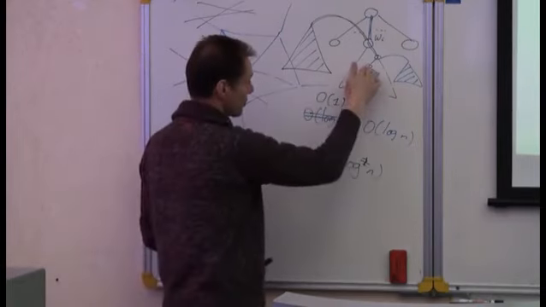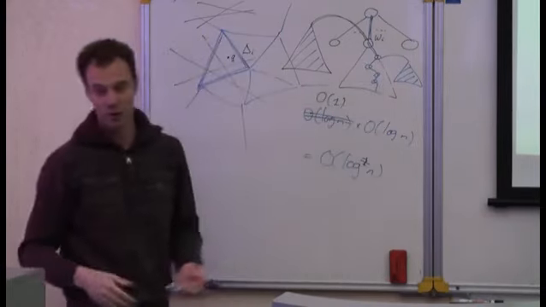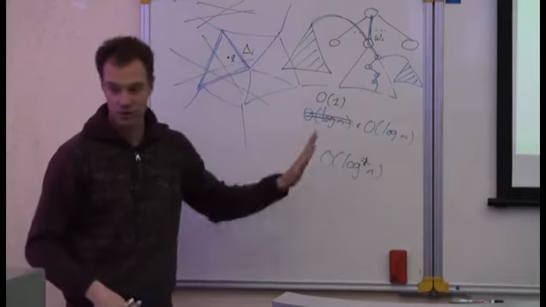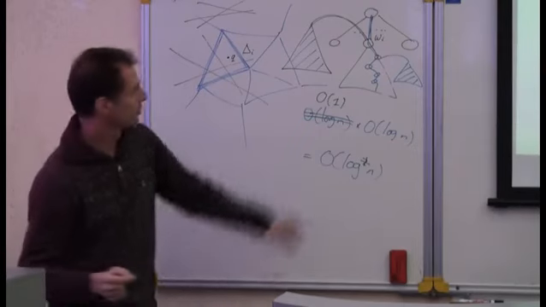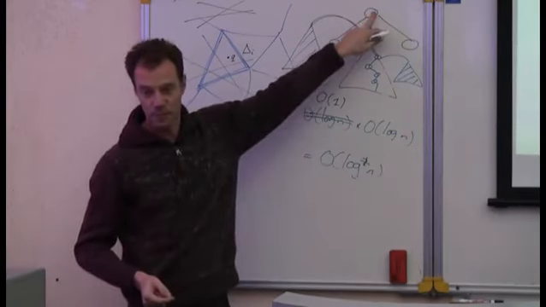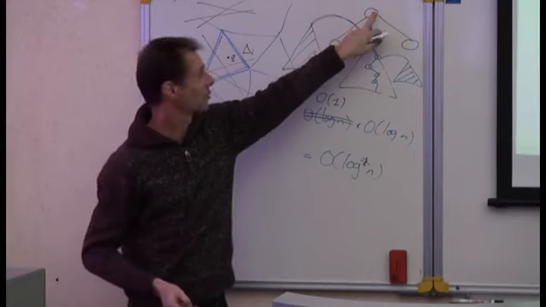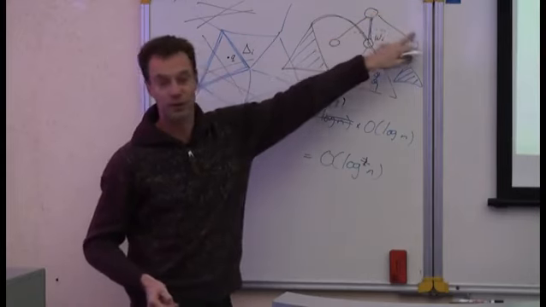For each of those nodes I do something here which takes log n time, so that's this. But actually, what do I have to do at this node? I have to decide whether I have to go here, here, here, here, or here.